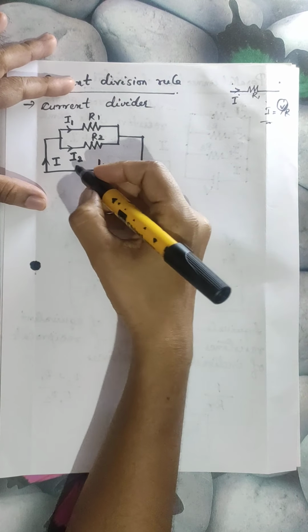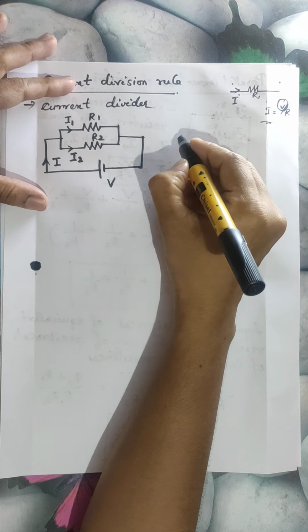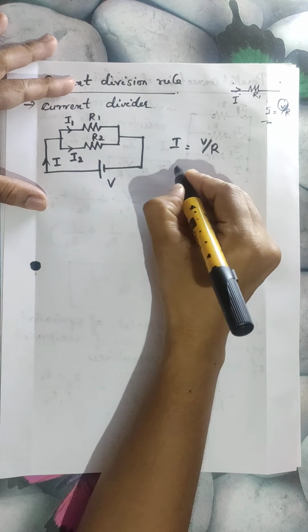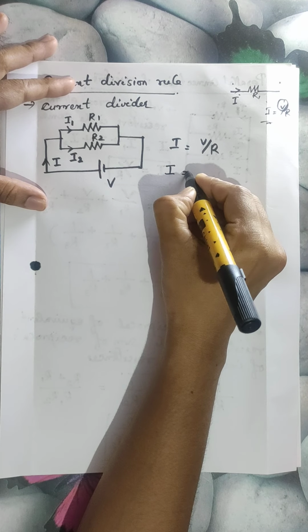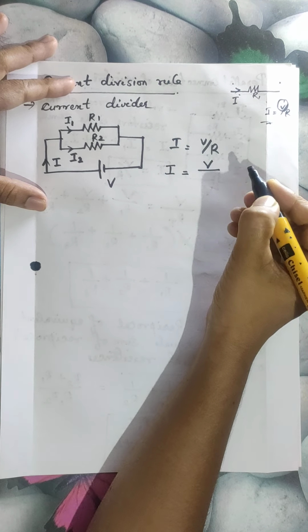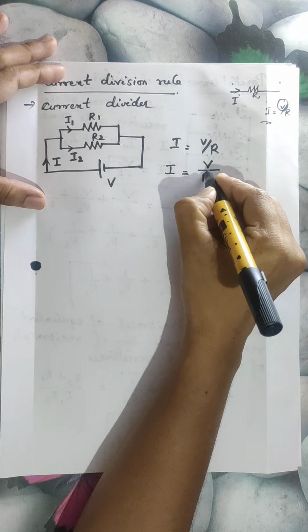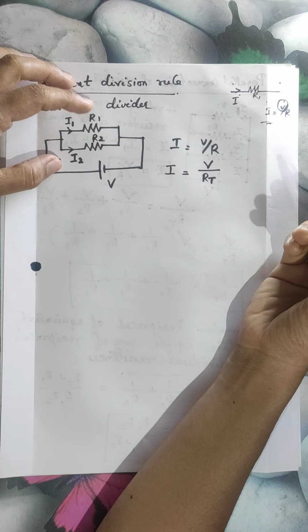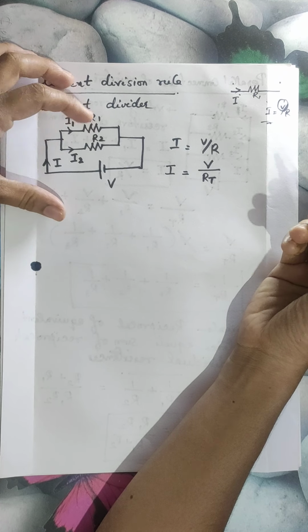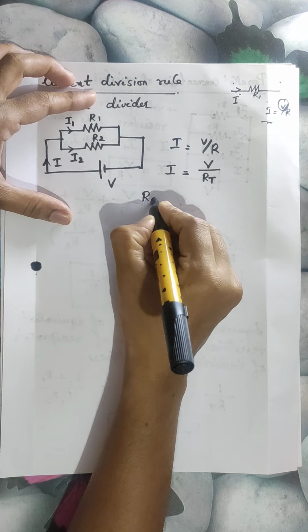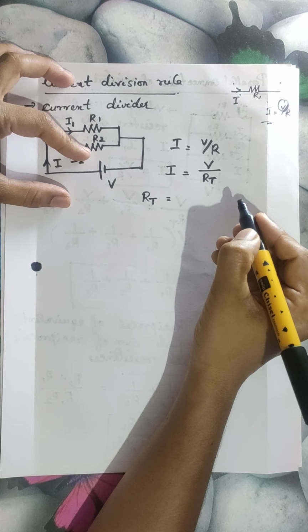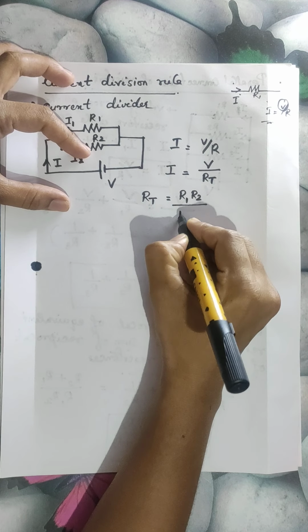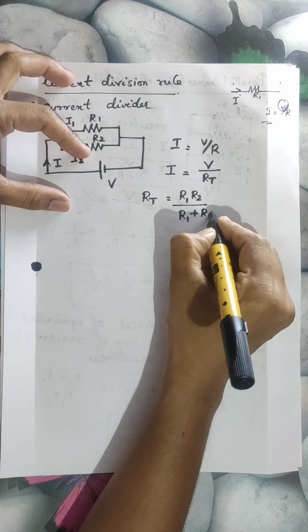Okay. So here, according to Ohm's law, we know that I is equal to V by R. So the total current I can be written as total voltage V divided by total resistance of this circuit. So V divided by RT. So here there are two resistors connected in parallel, and we know the value of RT in case of two resistors connected in parallel, and that is R1 into R2 divided by R1 plus R2.